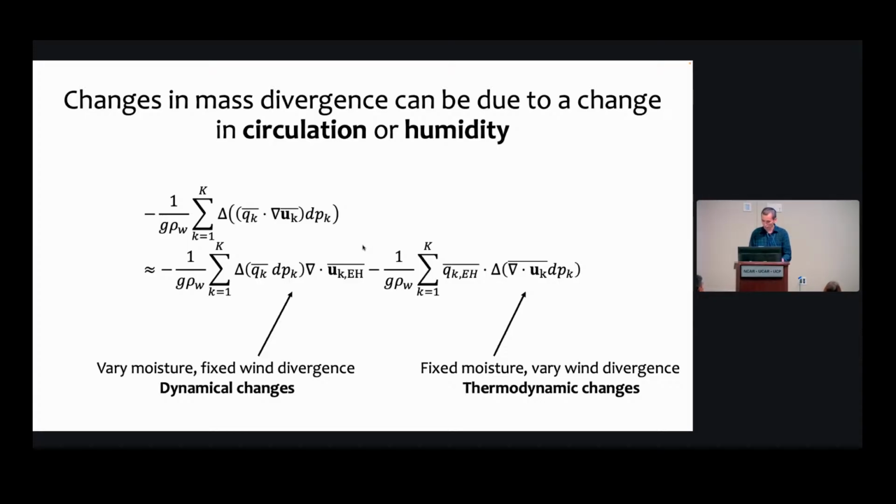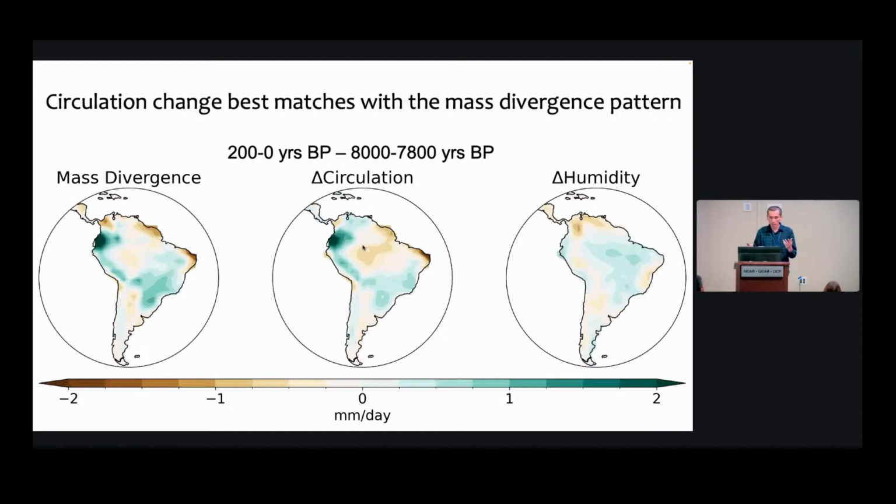In some ways, you can think of it as a dynamical change or thermodynamical changes. And when you break it down again, here you can see that the mass divergence terms mostly correspond to the circulation change, which tells us that from early Holocene to late Holocene, there's an increase in rainfall, or it's getting wetter, partly because the circulation is changing.